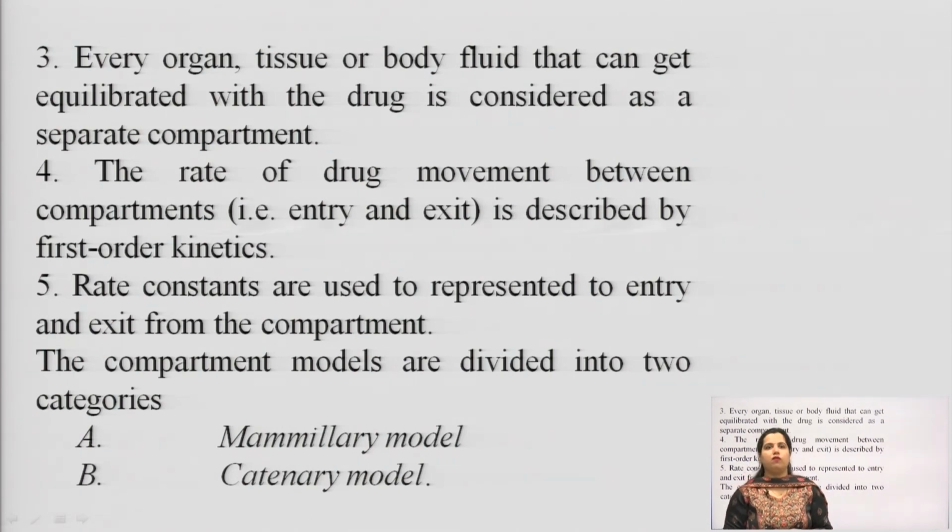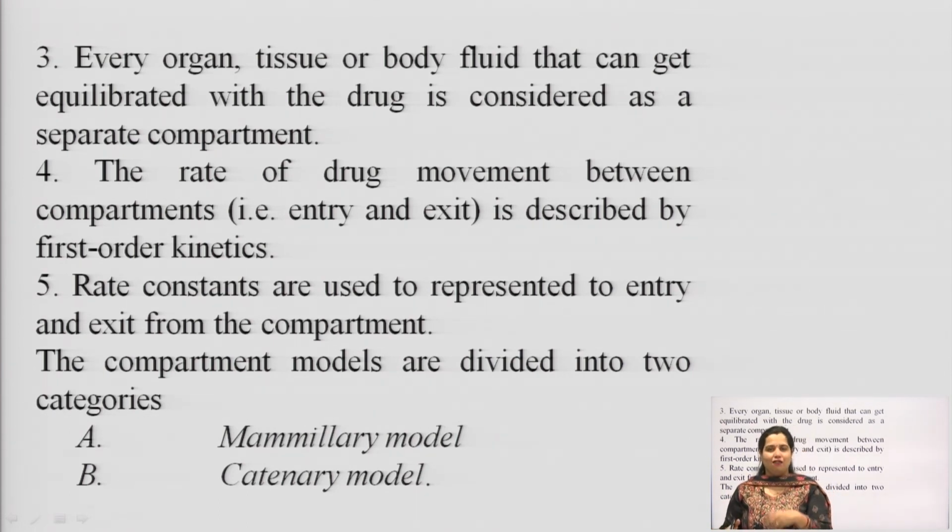The rate of drug movement between compartments is also described by first order kinetics, meaning in compartment modeling we generally identify the drug kinetics through first order rate constants to represent entry and exit from one compartment to another compartment. How can I explain this? If we are talking about entering and exiting of drug from the compartments, that means we are taking a medicine orally and it enters the absorption phase, slowly goes to different phases and gets eliminated from the system.